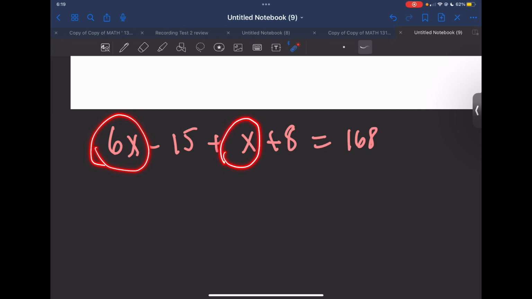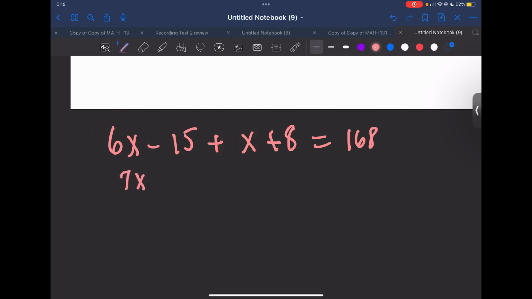So 6x plus positive 1x is 7x. Negative 5 plus 8 is going to give me negative 7. And all of this is still equal to 168.